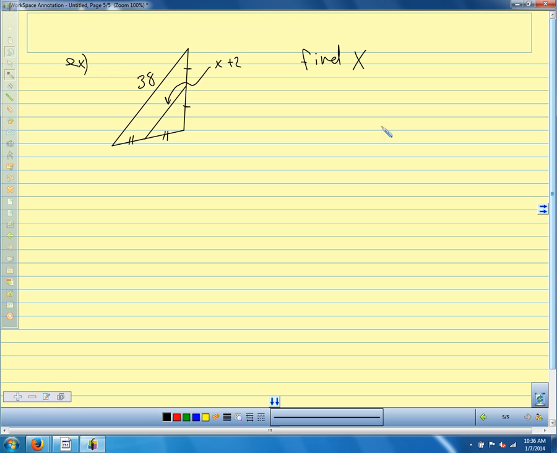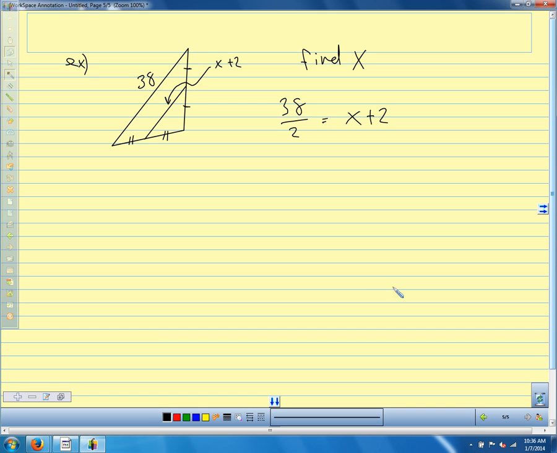Perfect. We know that the mid-segment is half as long as this side. Half of that side, 38, divided in half, equals x plus 2.